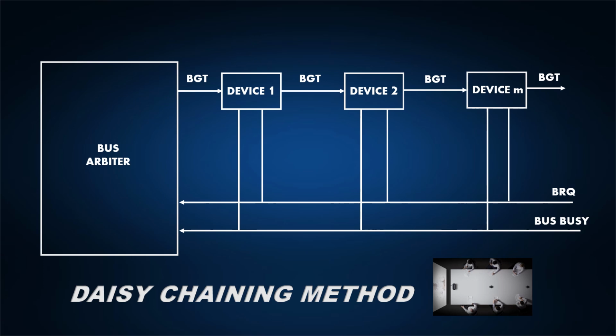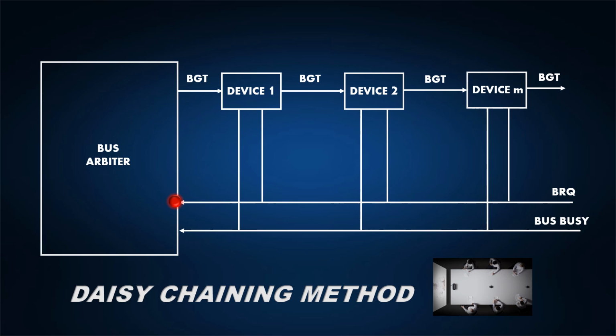So all the bus masters use the same line for making bus request. Here BRQ refers to the bus request, BGT refers to the bus grant. If device 2 is requesting a bus, it will send the request to the bus arbiter.